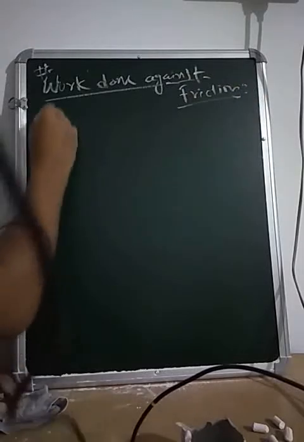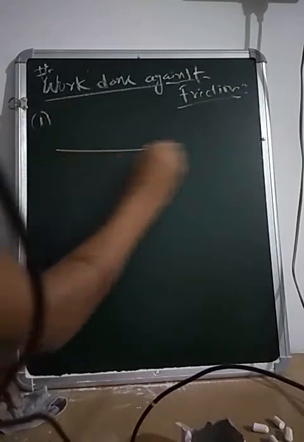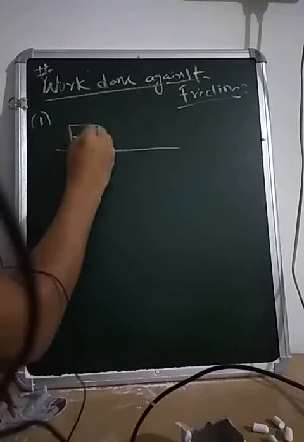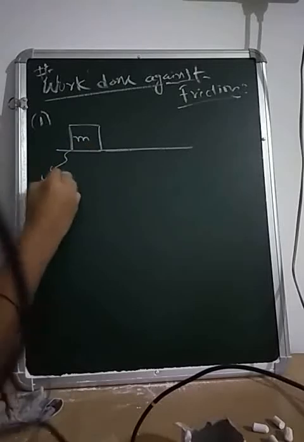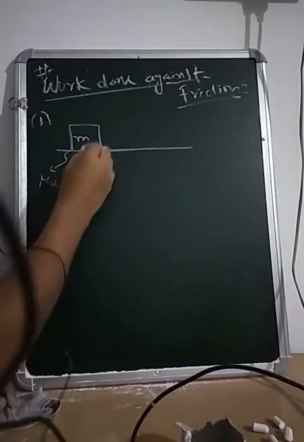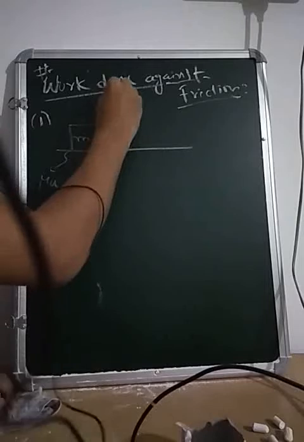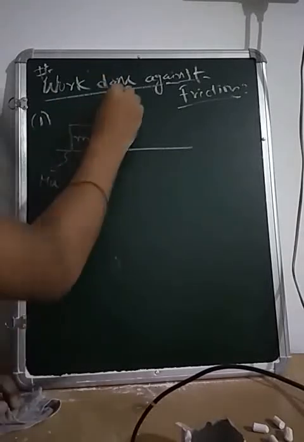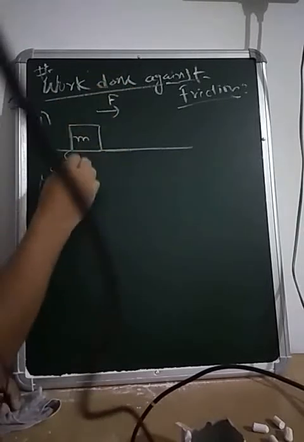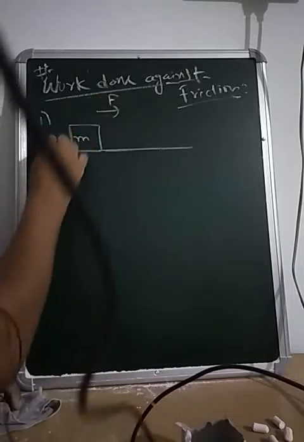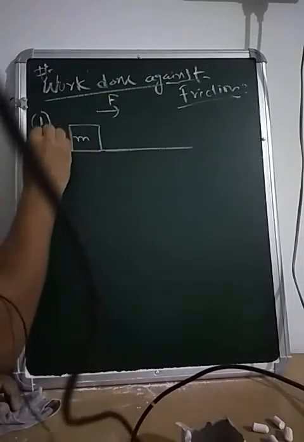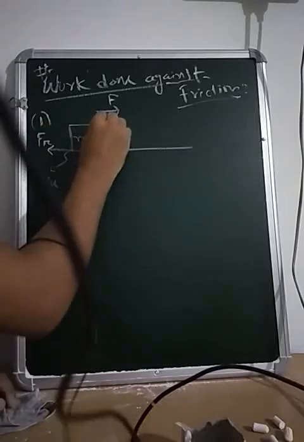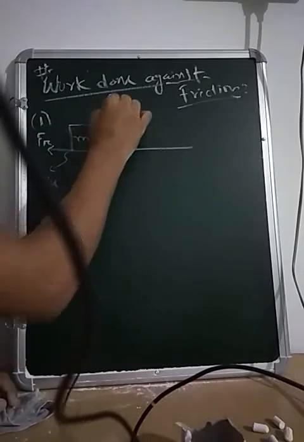First case. Suppose there is a body of mass m on a rough surface. The coefficient of kinetic friction of this surface is mu k, and we applied a force F, which is equal to the limiting static frictional force. What happens when you constantly apply this force?